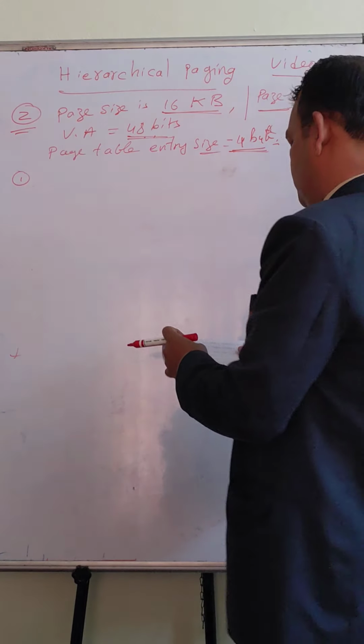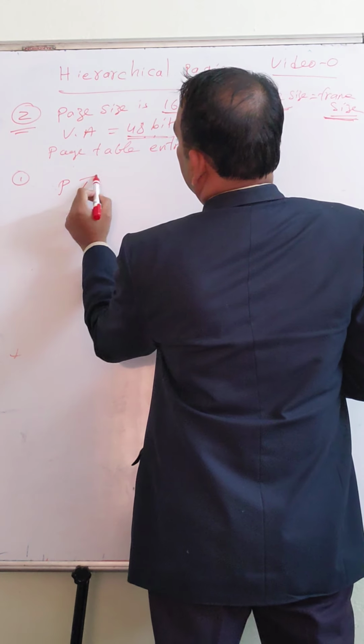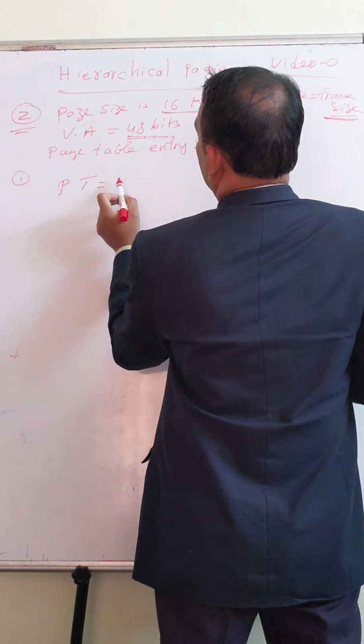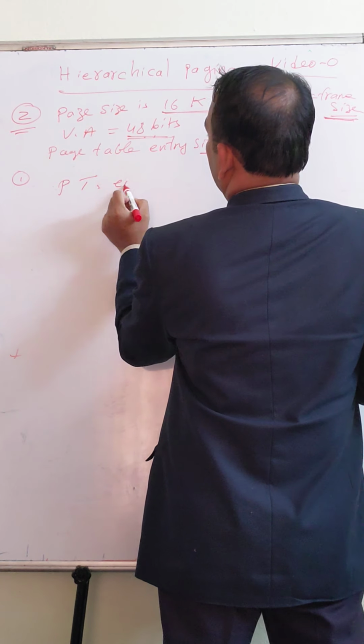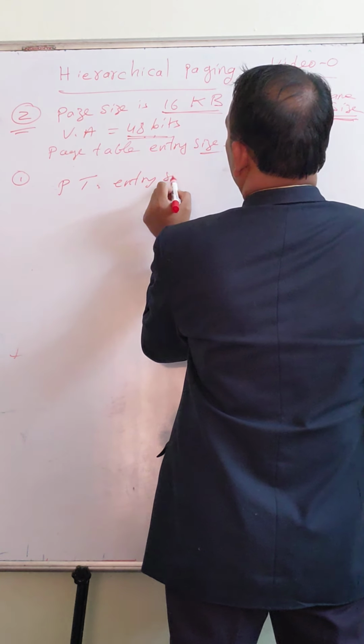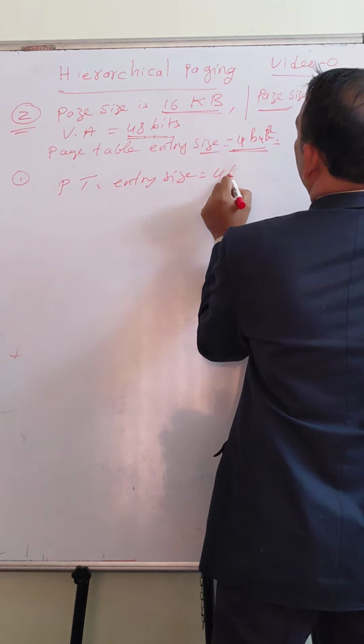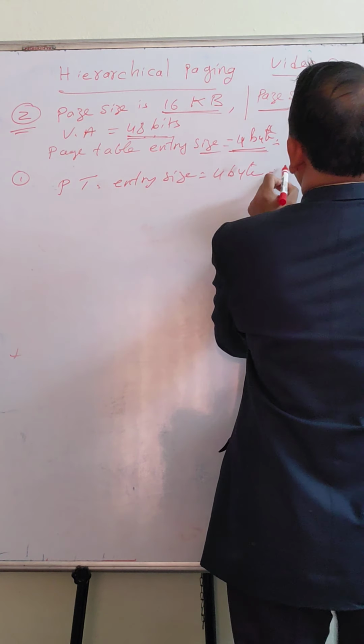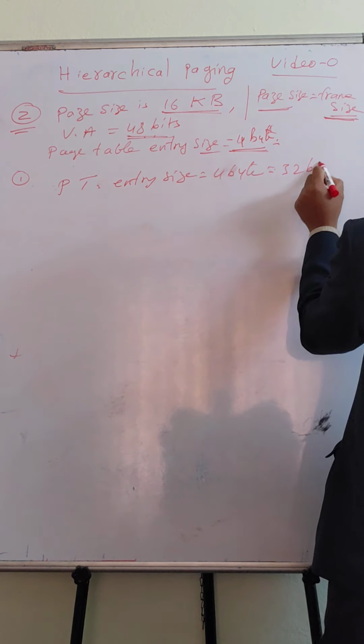Note down the first point: page table entry size is already given. PT entry size, 4 bytes, is equal to 32 bits.